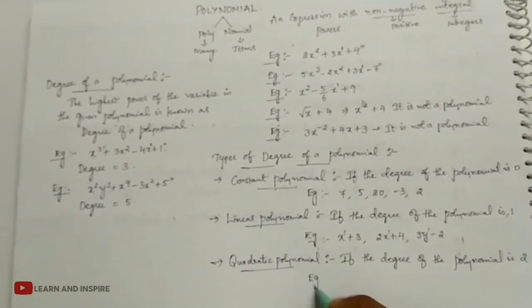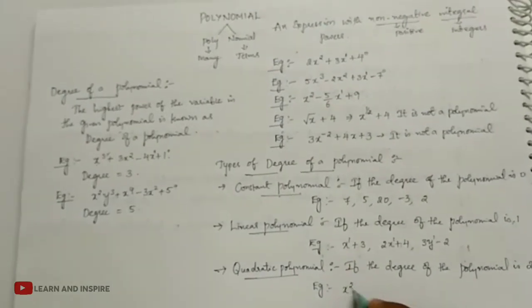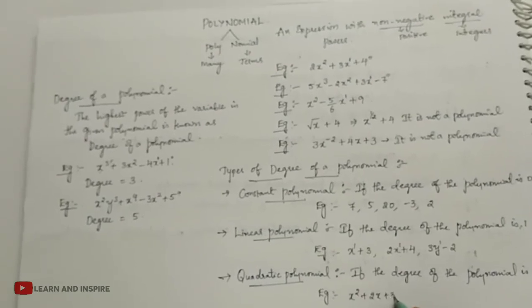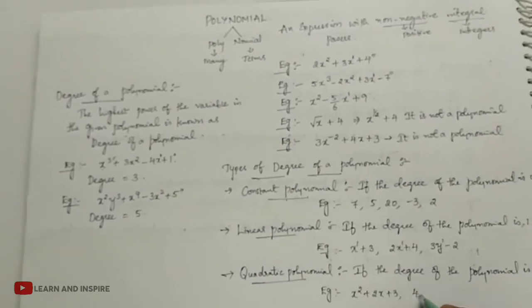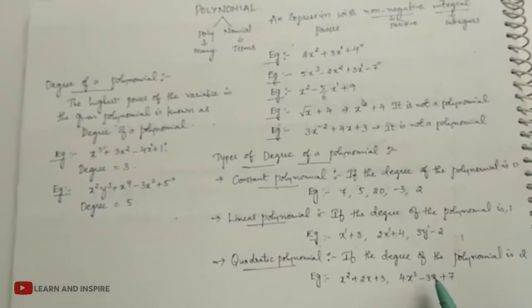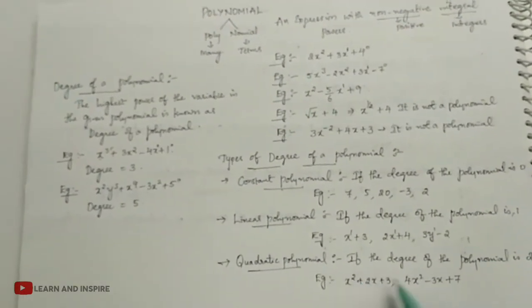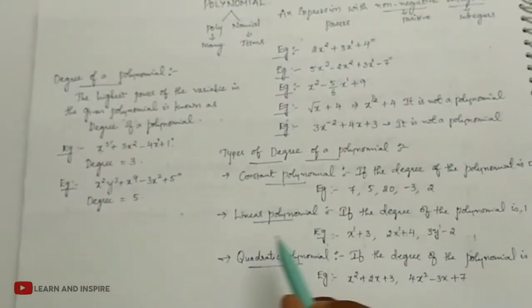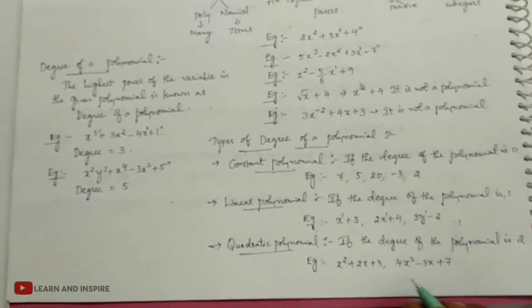So we'll see one example based on this: x square plus 2x plus 3, 4x square minus 3x plus 7. You can see in these given polynomials the highest degree is 2. So from these two examples we can say that it is a quadratic polynomial.